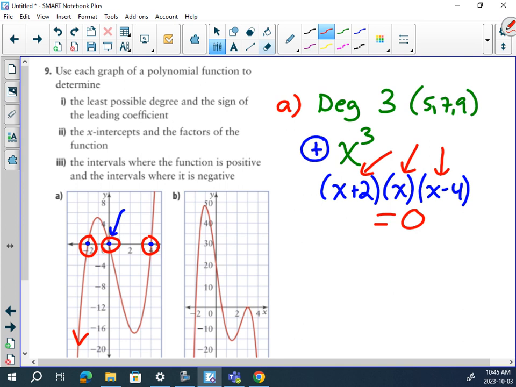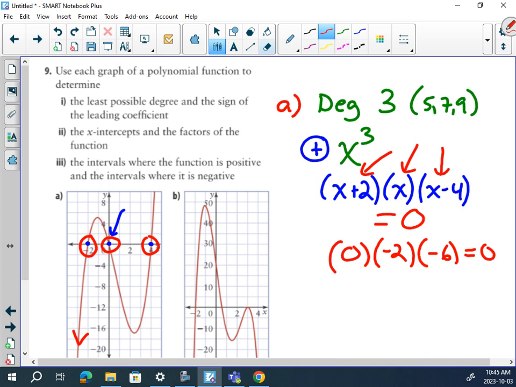So if I put a negative 2 into the first bracket, I get negative 2 plus 2, which is 0. If I put that same negative 2 in all the other parts, I end up with 0 times negative 2 times negative 6, which is 0. That's what a 0 means. I'm getting a 0 on my graph for the y value.